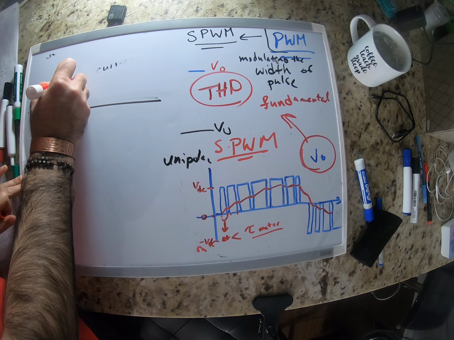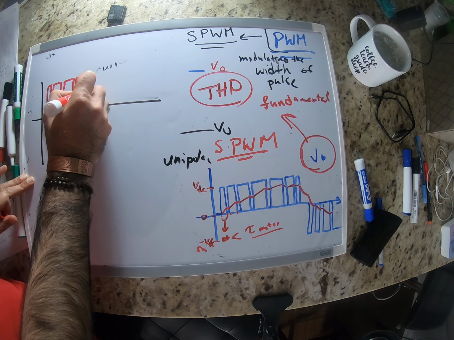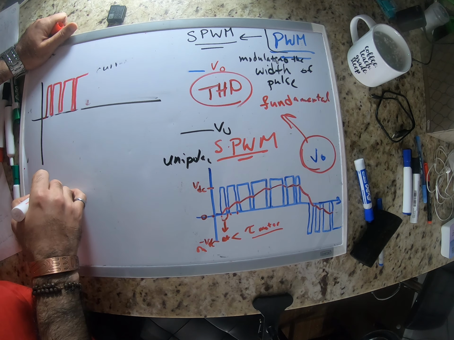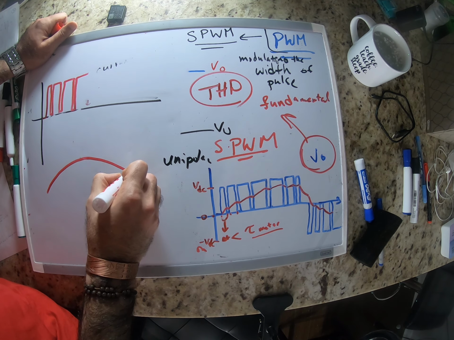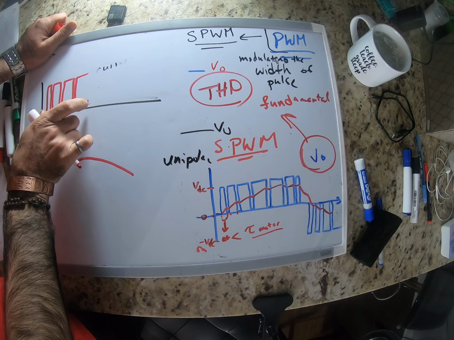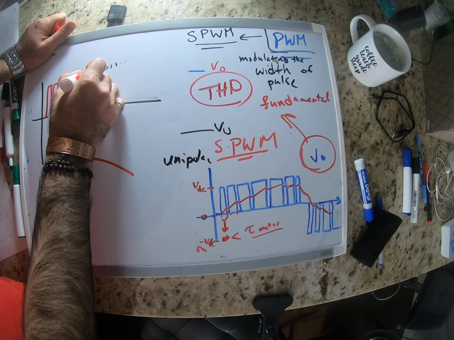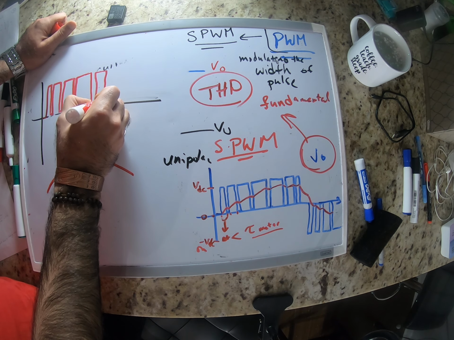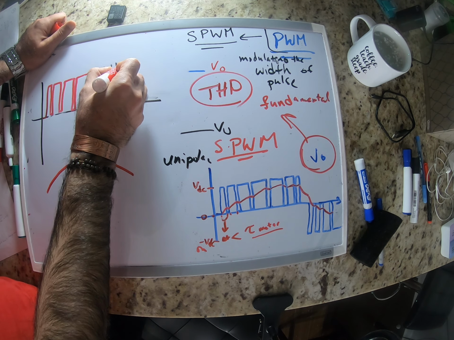So you see the width starts increasing, it mimics a sinusoidal. A sinusoidal starts small, gets to a peak and then goes down. It's the same, but for the pulse width. The width of this one gets bigger and then eventually gets smaller again.